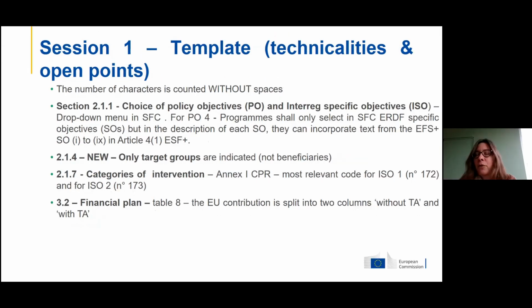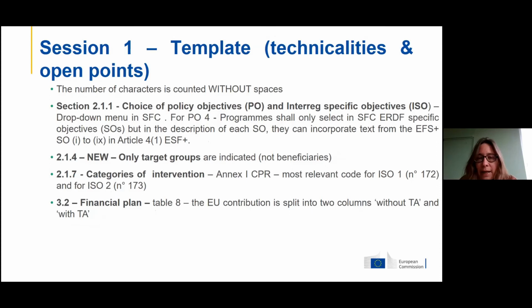And then for the Interreg specific objective 2 on a more secure Europe, most probably the code 173, border crossing management and mobility and migration management. Maybe also worth pointing out that the code numbers have changed, so that's why you have here new codes.